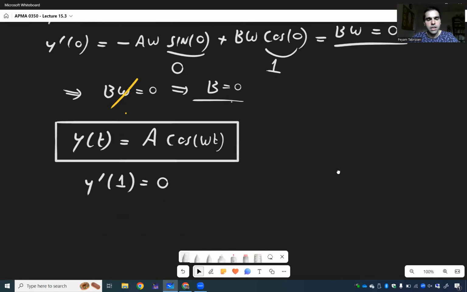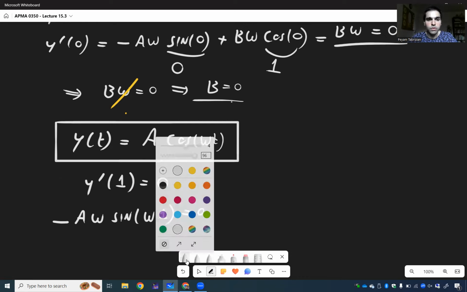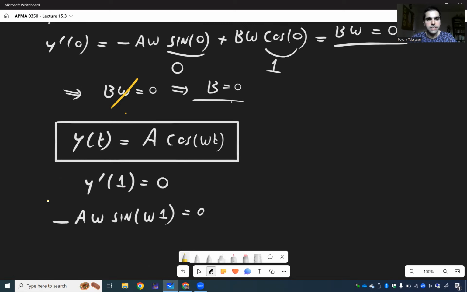So in this case, minus a omega sine of omega times 1 equals 0. And once again, we can cancel out omega since it's positive. We can also cancel out a since it's non-zero.